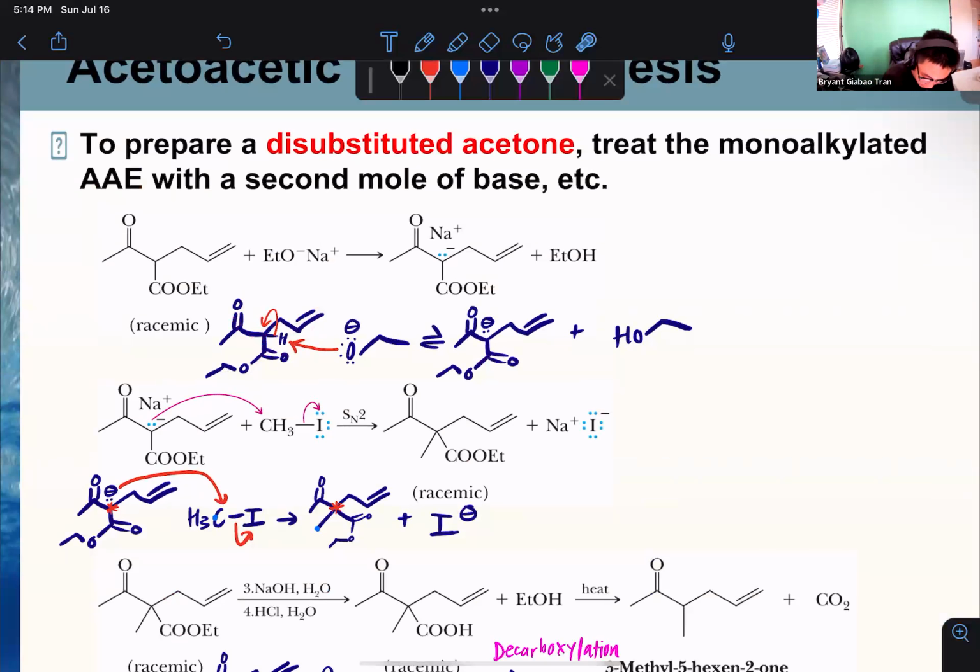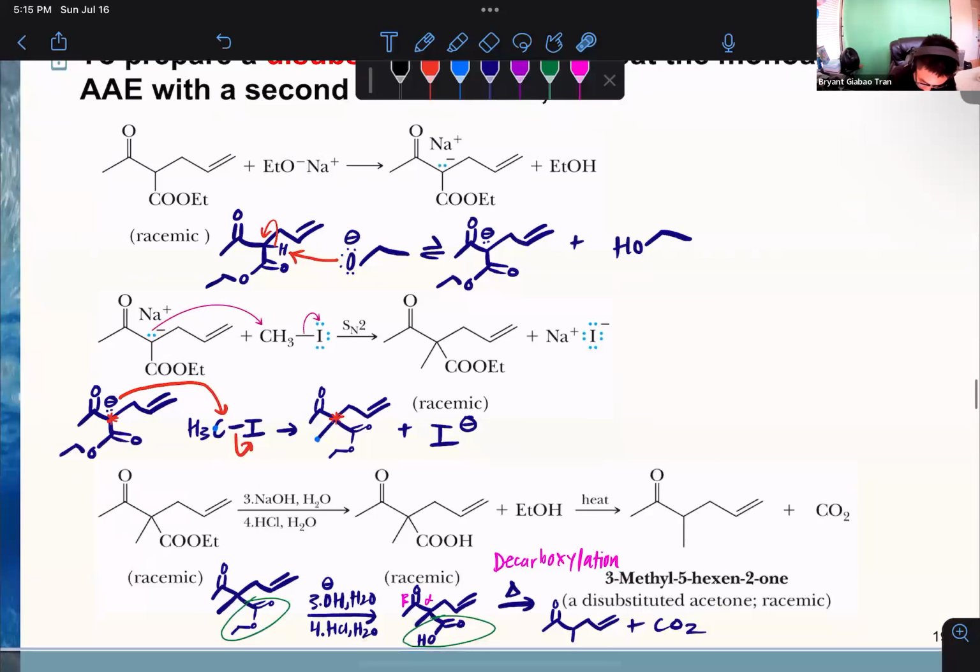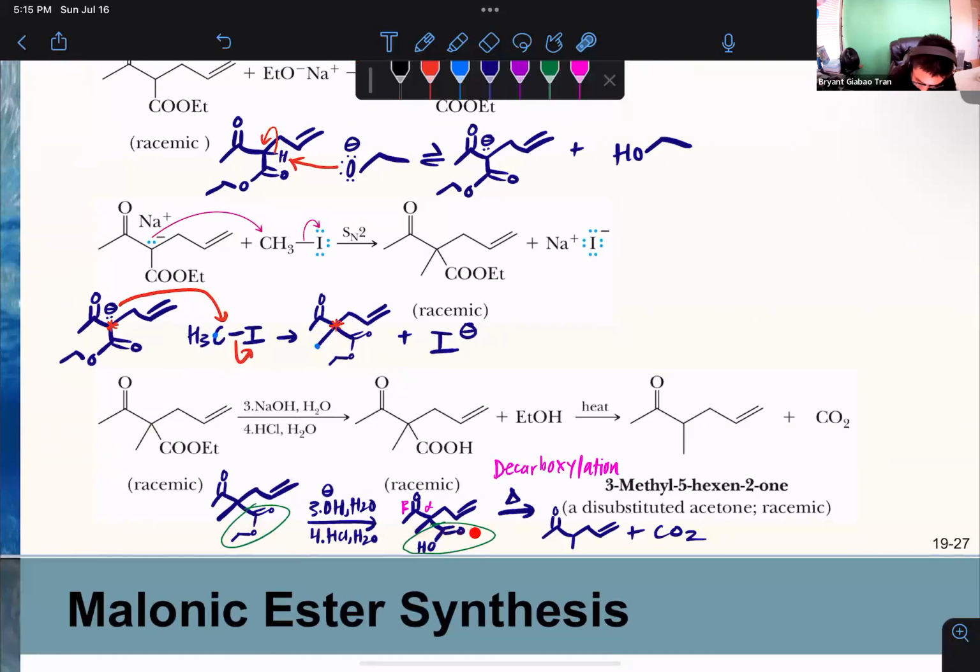We form the enolate anion by deprotonating the alpha hydrogen, giving us our enolate anion nucleophile, and then we do the SN2 reaction by bringing in an RX. This is the starred carbon, this is the dotted carbon. The SN2 reaction adds the other R group there. And then we do saponification and then decarboxylation at the end. So it's basically the exact same thing, just happens a second time to add on the second group.